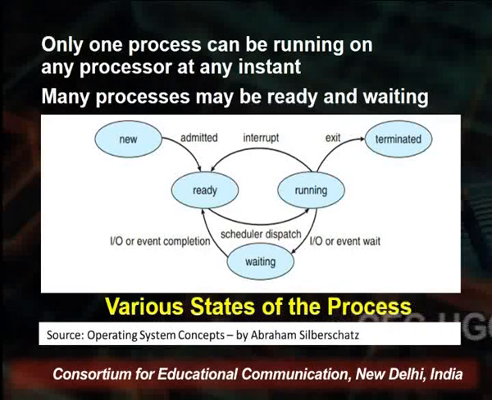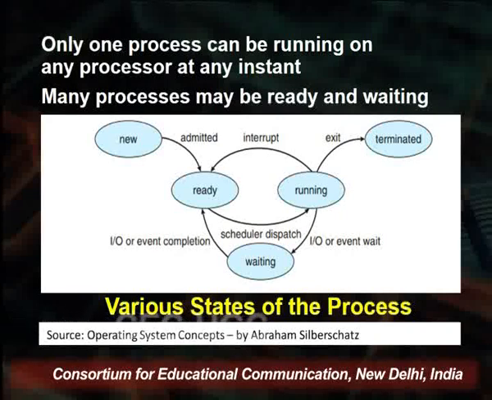Now, we have seen one scenario in which a process can go from ready to running state. There is a scenario in which a process may go vice versa, that is from running to ready state, and that is the occurrence of an interrupt. Then the process which is running is interrupted, and the process is again in the ready state.